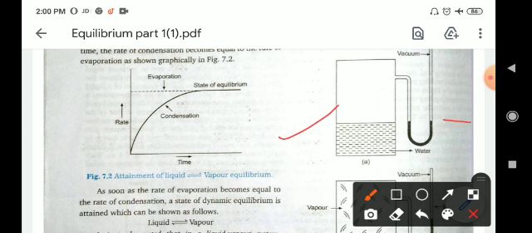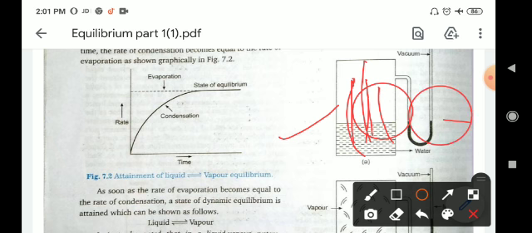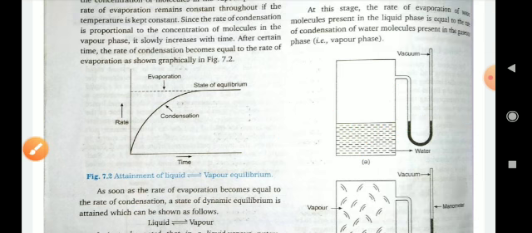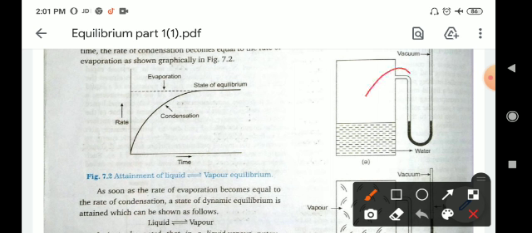When you start heating this liquid, water vapors will come into the open area and exert a pressure on the system, due to which the level of mercury will start to go upward.